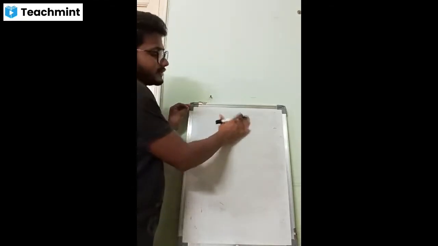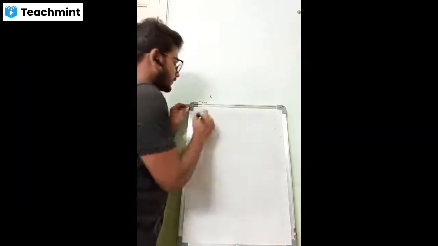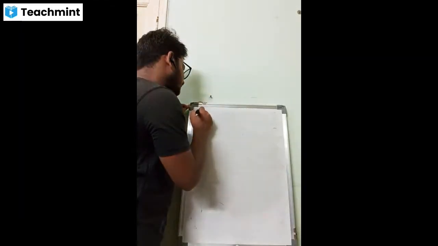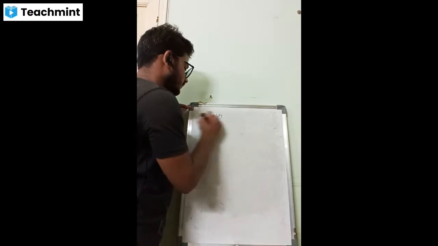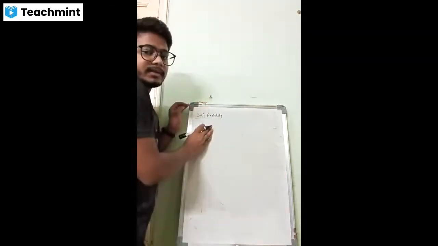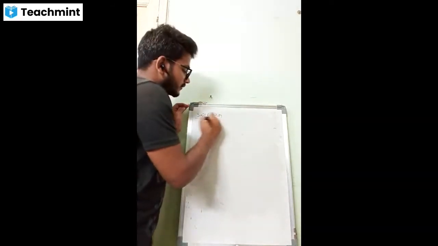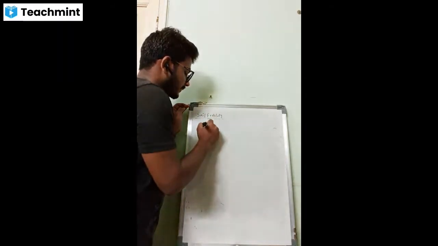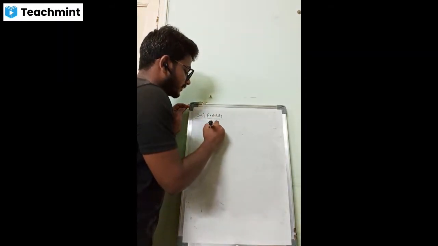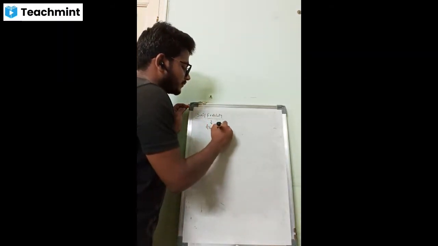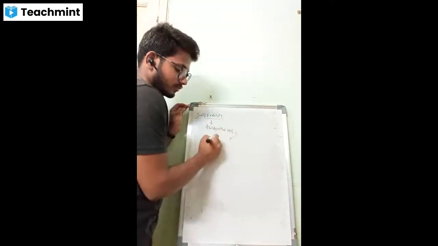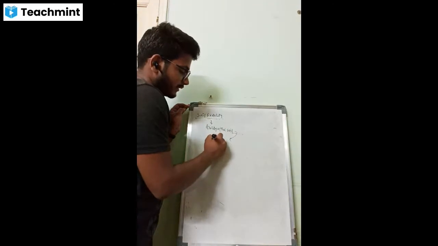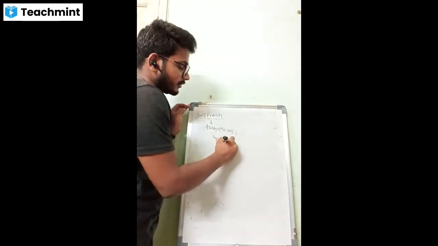What the terminology soil fertility and fertilizer use. So let's know first what is soil fertility. Okay. So what do you mean as soil fertility? Fertility means what? The ability of the soil to supply nutrients.